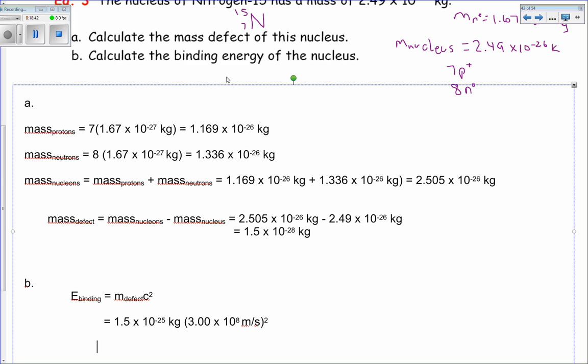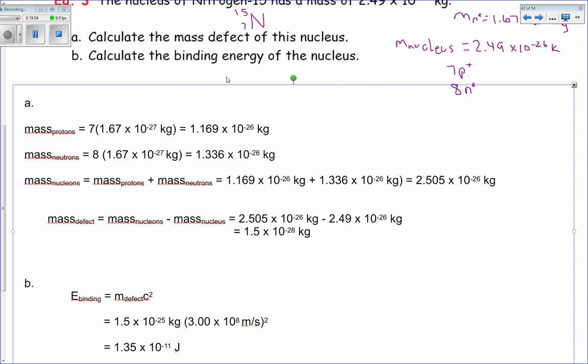Okay, and then that gives you 1.35 times 10 to the negative 11 joules, which is actually a significant amount of energy. It's times 10 to the negative 11 joules, but joule is a very big unit, so we don't need very many of them to describe energy.